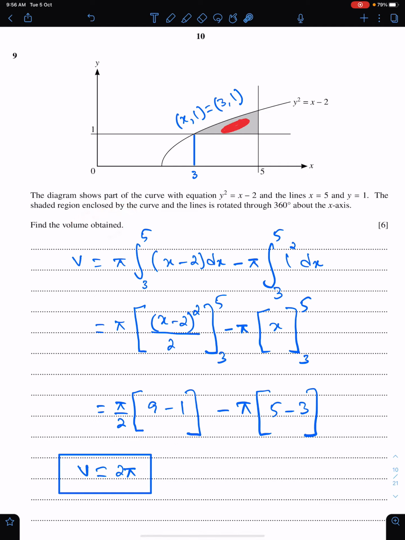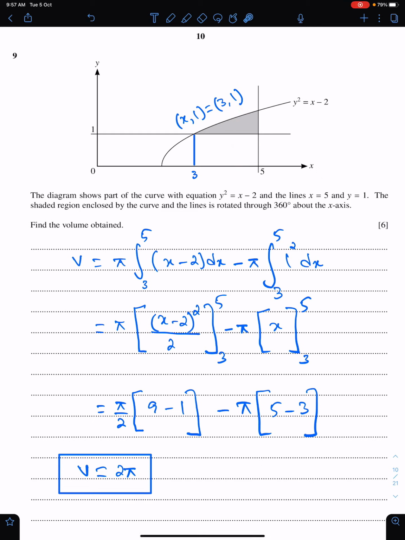We need this volume, so for that we need these limits. We know the y coordinate of this point is 1, so if we substitute 1 here, we'll get the x coordinate, which is 3. So this is the lower limit and this is the upper limit, and this is the upper curve and this is the lower curve. So we need to find this volume like this.